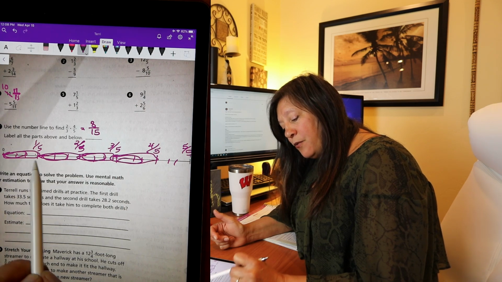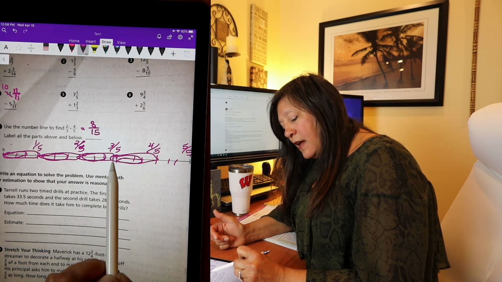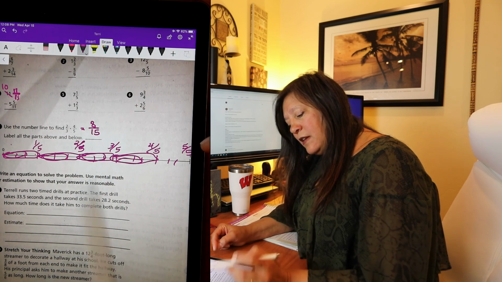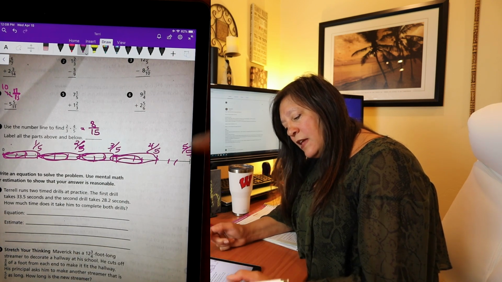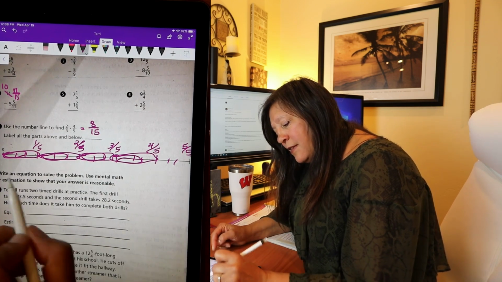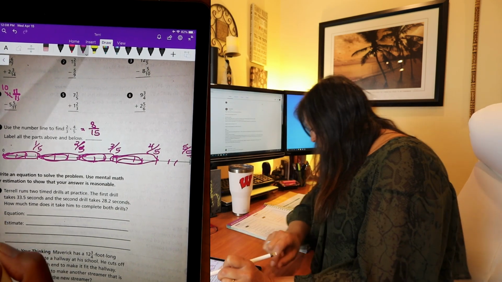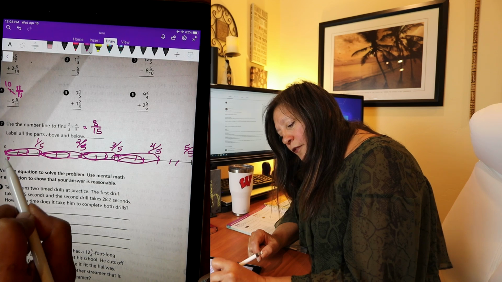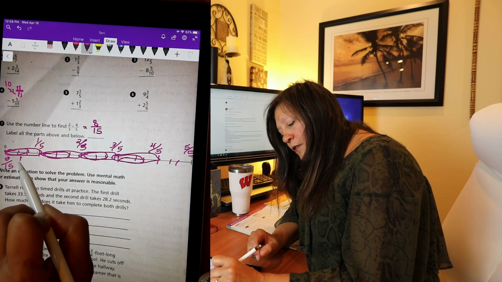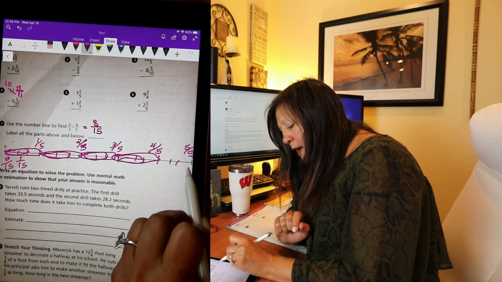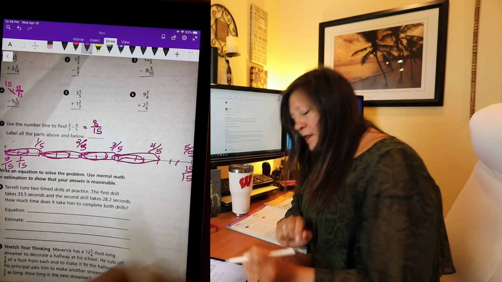And then of 3, 6, 9, 12, 15. 8 of the 15 are circled. And then labeling underneath, you start with 0/15, 1/15, and so on, all the way up to 15/15.